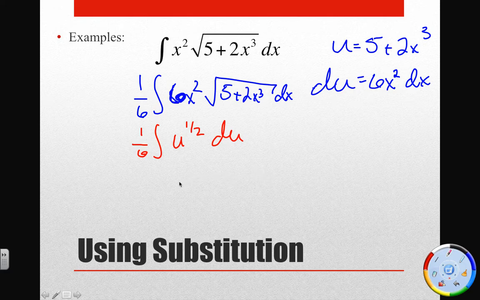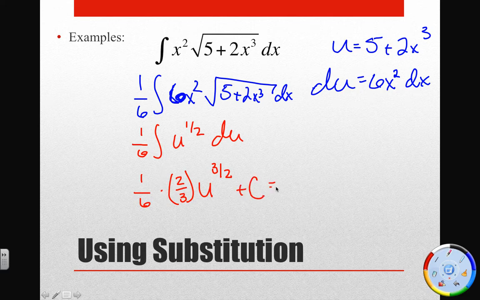Well, I can find the antiderivative of this. In order to find the antiderivative of things to an exponent, I'm going to take that exponent and add 1. So this becomes 3/2. But I have to cancel out the 3/2 by multiplying by 2/3, because if I take down the 3/2, that cancels.